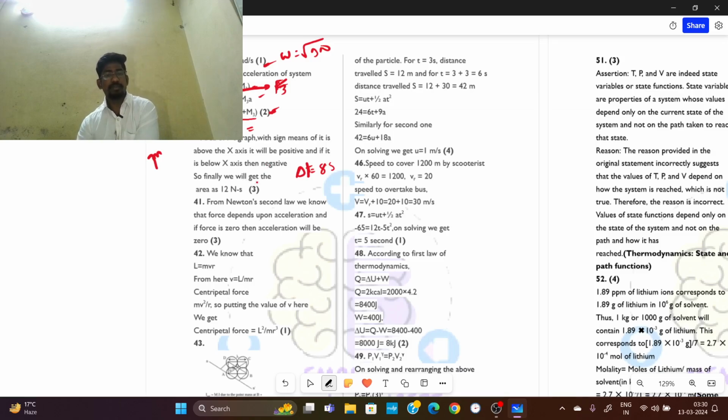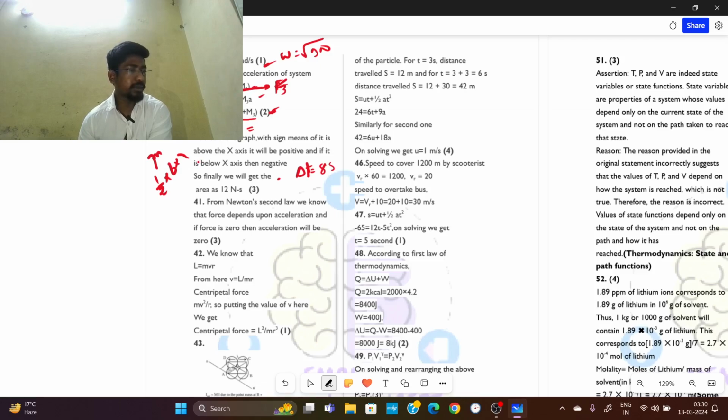There are three adjacent pictures given. The first one is the triangle, whose area will be calculated by the formula half into b into h.